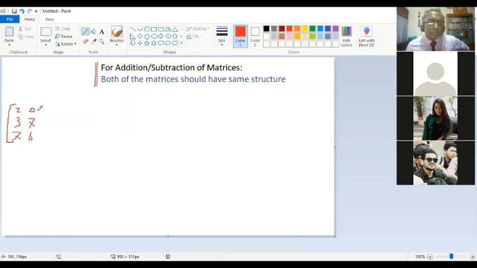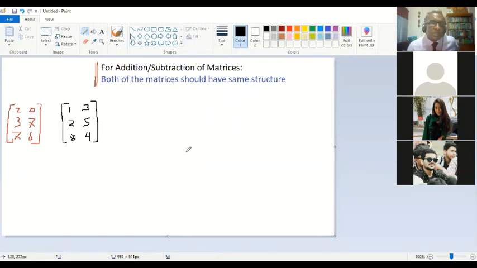Okay, this is one matrix, and I am writing another matrix just beside this, a same structure matrix: 1, 3, 2 and 5, 8, 4. Say this is another matrix, and it is the same structure.